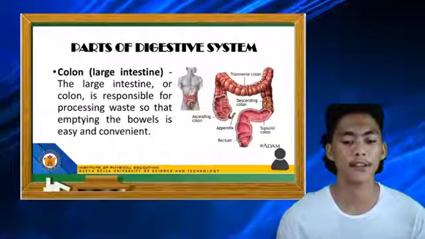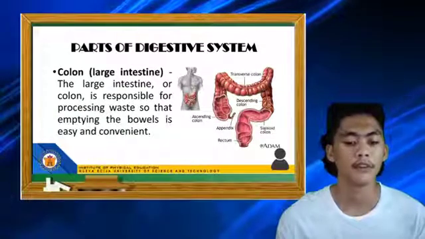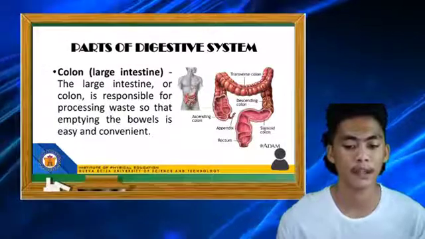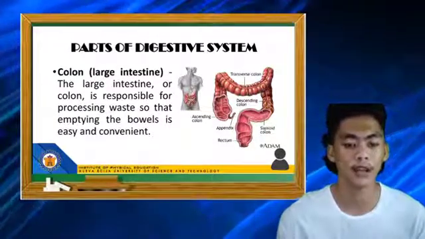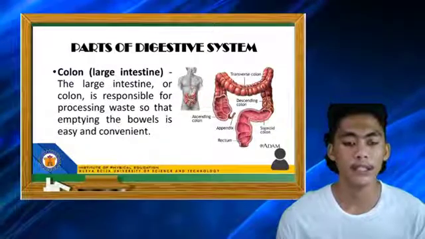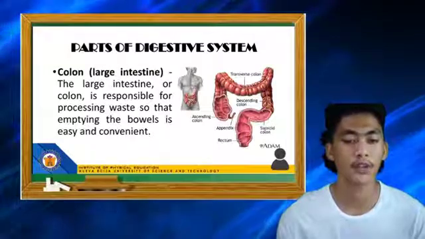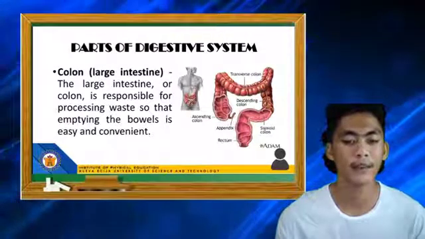So what happens when the colon is not functioning properly? Symptoms of bowel problems include abdominal pain and spasm, gas, bloating, inability to defecate or pass gas, rectal bleeding, watery stools, constipation, diarrhea, vomiting, and weight loss.